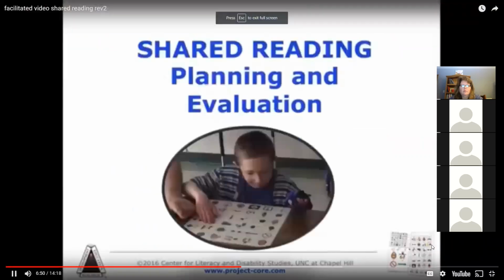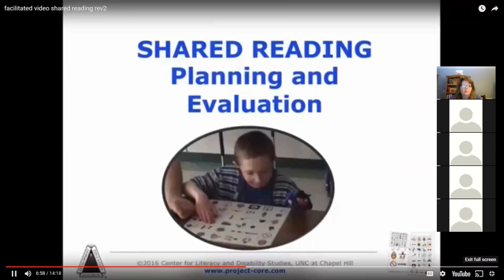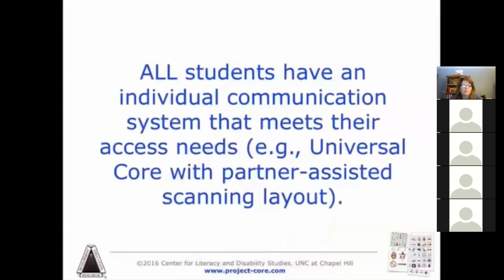Now that you have an understanding of what shared reading is and the key instructional practices that support a good shared reading experience, let's talk about the specifics of what you will look for when planning and evaluating a shared reading interaction that involves the use of Universal Core. It is vitally important that students have an individual communication system that meets their access needs.